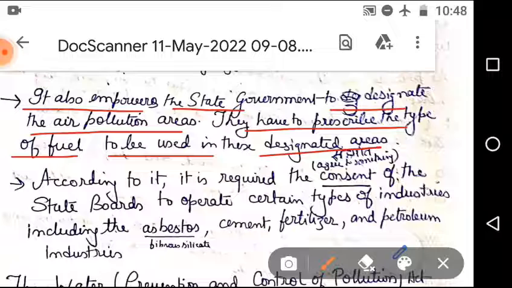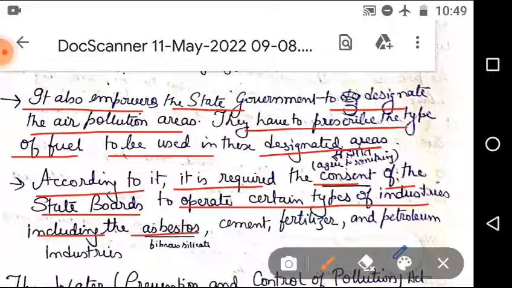And the last point: according to the Act, the consent of the state boards is required to operate certain types of industries like asbestos, cement, fertilizer and petroleum industries. As I discussed with you in the offline class on environmental impact assessment, EIA, before setting up something we have to get consent from the state boards and the Central Pollution Control Board, with a non-objection statement that it will not cause any pollution.